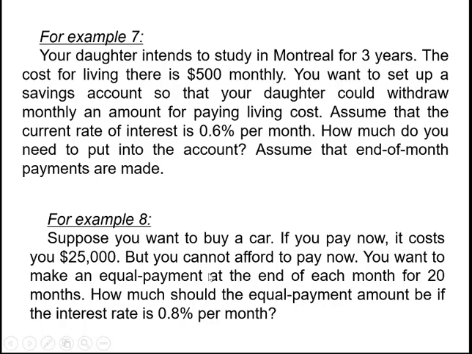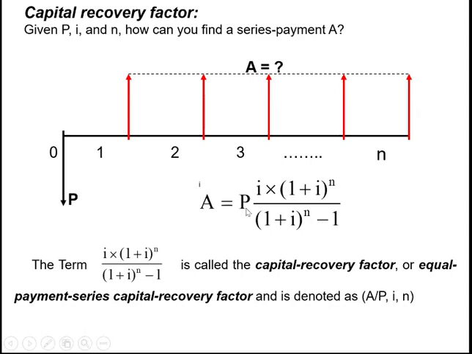In the example, the number of periods is 20 and the interest rate is 0.8%. The present worth is 25,000. We draw a cash flow diagram like this, with the number of periods 20 and the present worth 25,000.